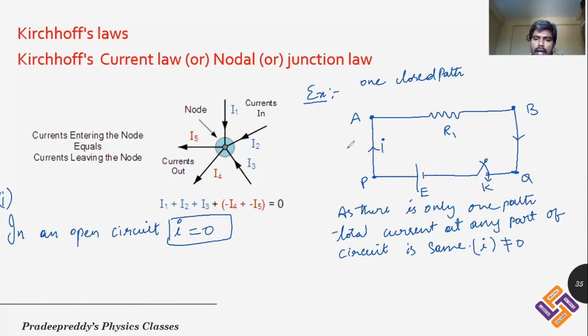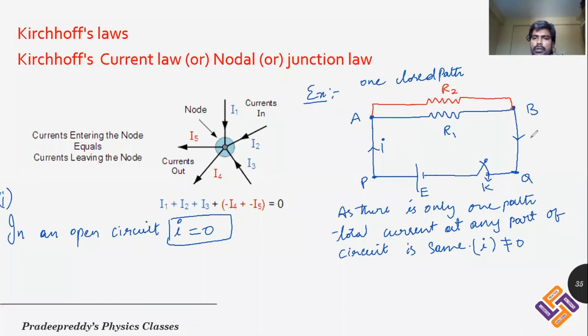Now what I do, I will take one more resistor here and I will connect that resistor in between A and B, and I name that resistor as R2. Now the circuit is closed.